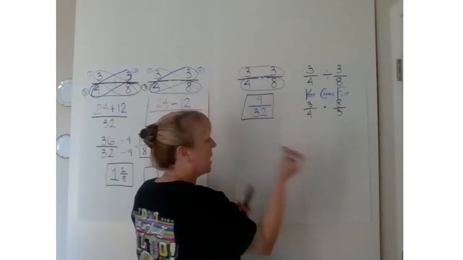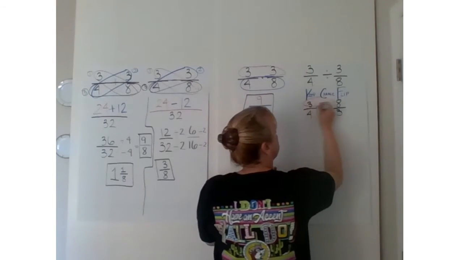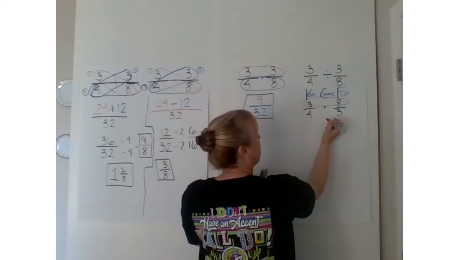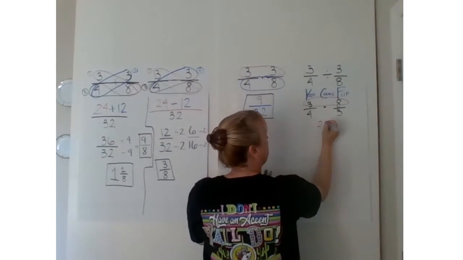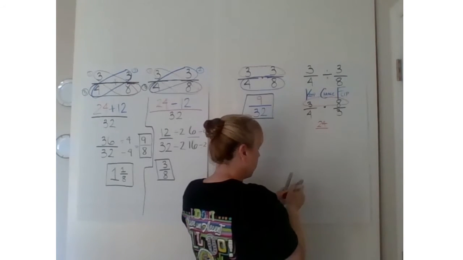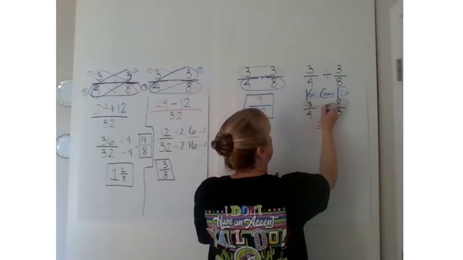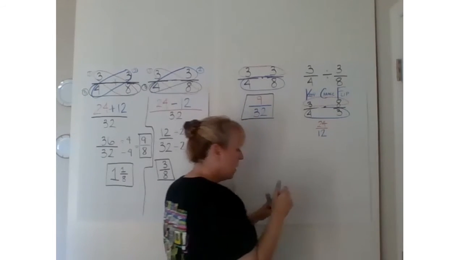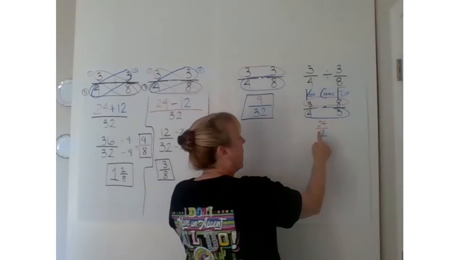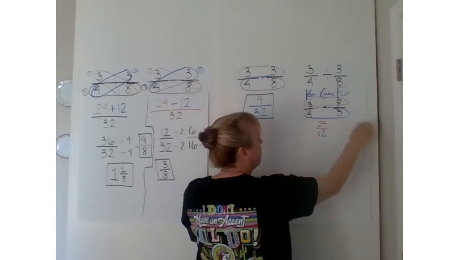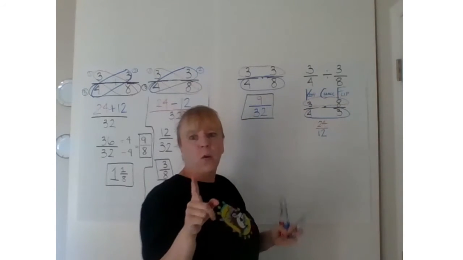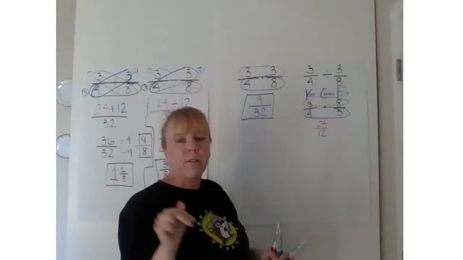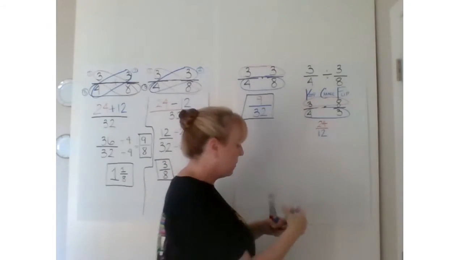And then we're going to do it like a multiplication problem. So we're going to multiply across the top. 3 times 8 is 24. And multiply across the bottom, which is 4 times 3, which is 12. Now, we can reduce this by dividing by 2 all the way, but I know that 24 divided by 12 is 2, so that is our answer.